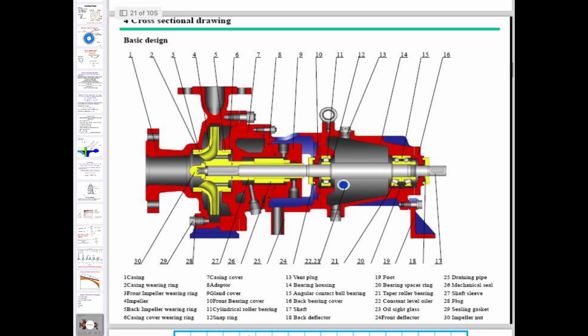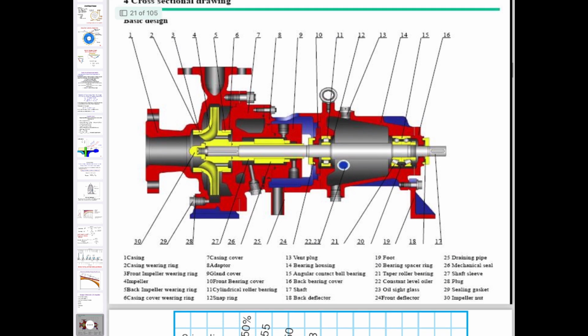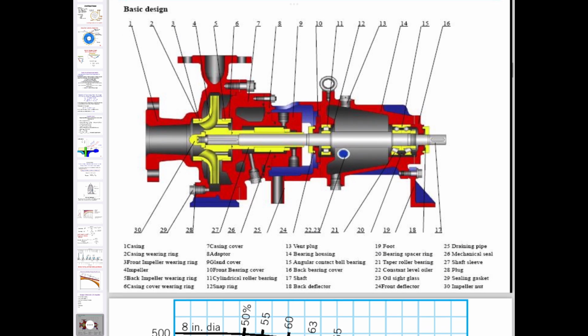In this picture we can see the centrifugal pump parts.